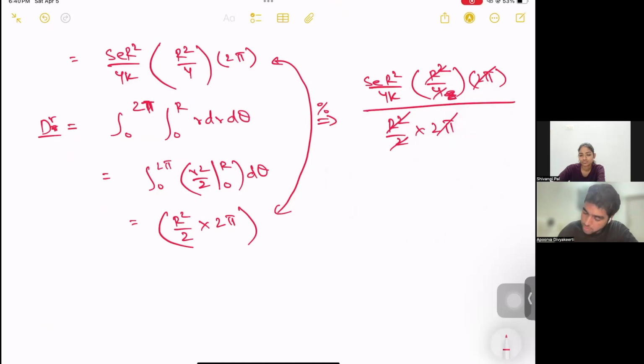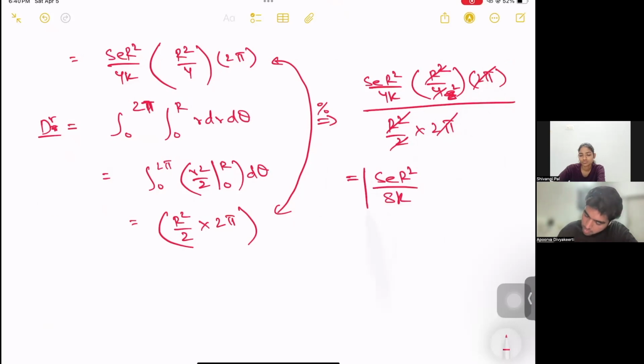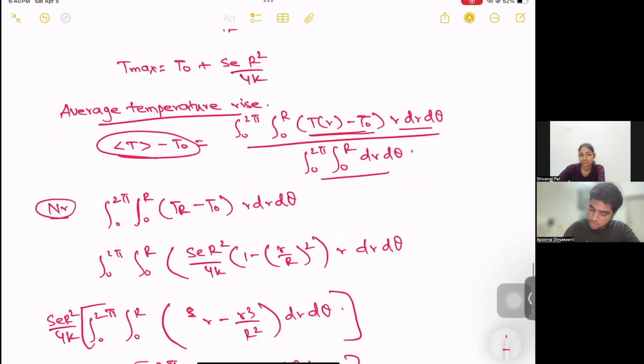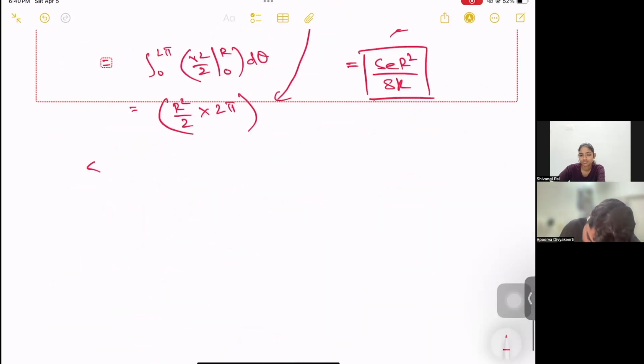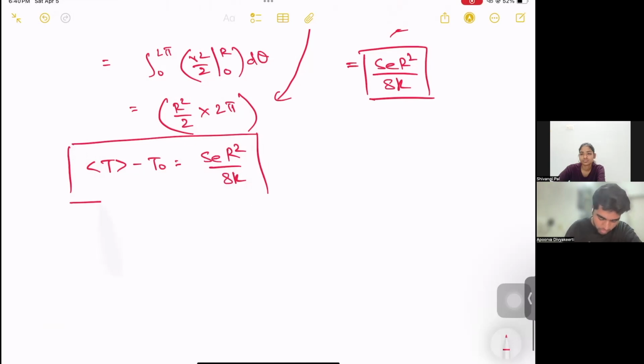So this is S E R square by 8k. Now we got the average temperature: T average minus T naught equals S E R square by 8k.